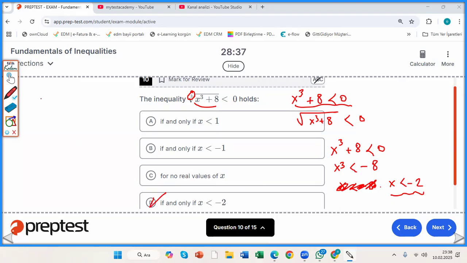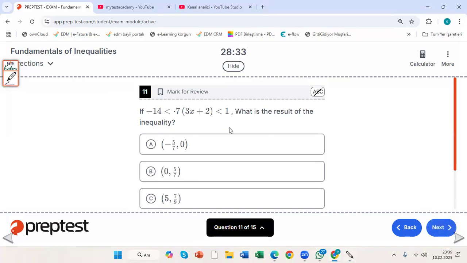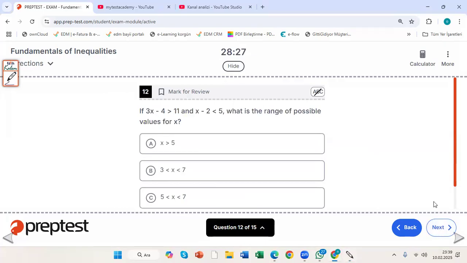So, yes, it is also the same type of question. So let's check the other ones. Okay, right now you have two different inequalities here, and what is the range of possible values for x?